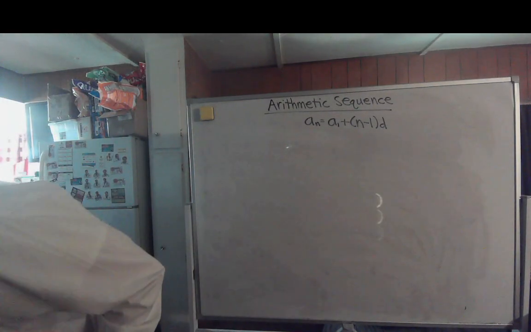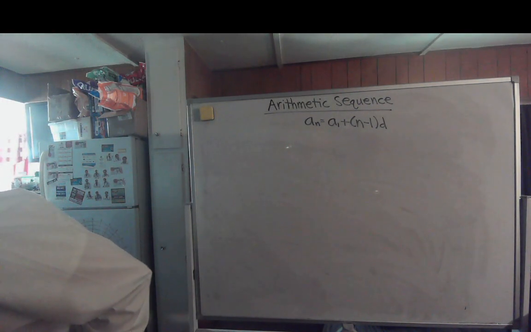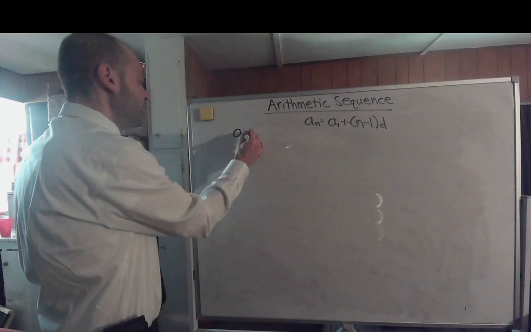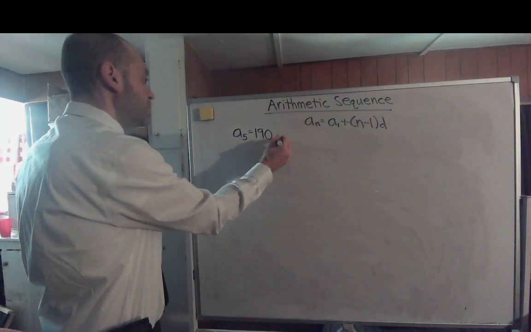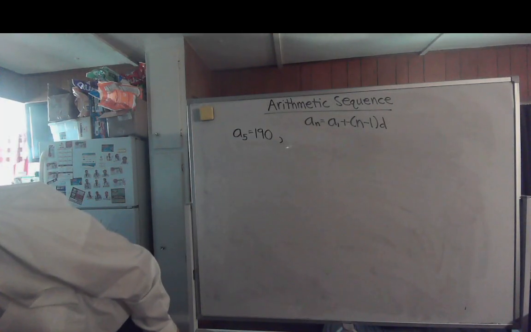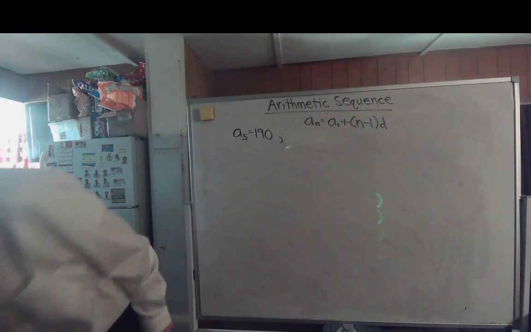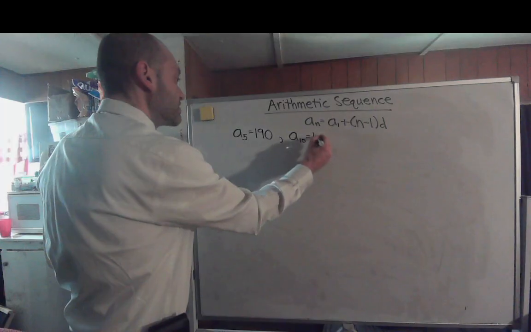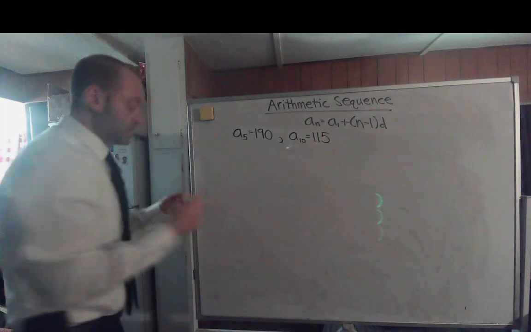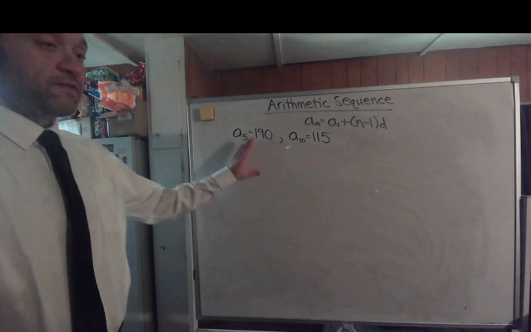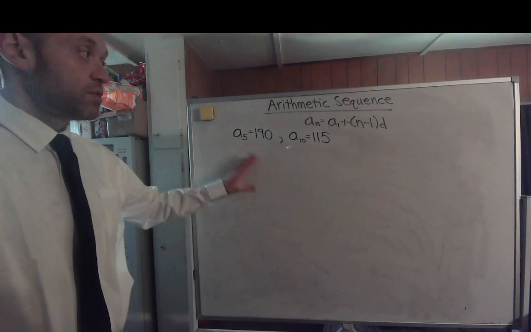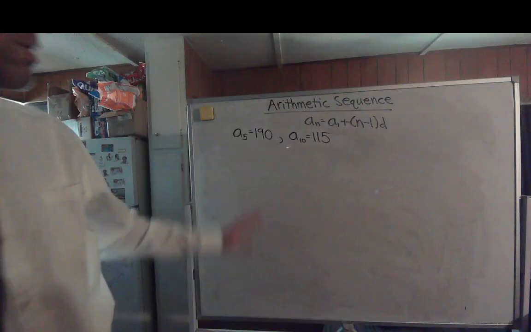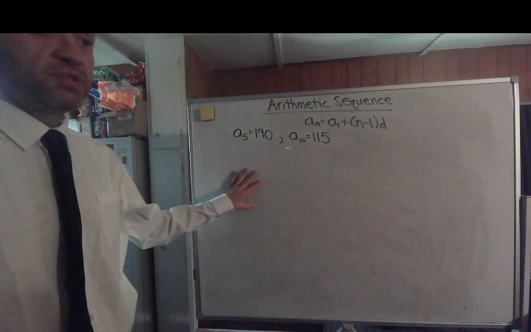Okay, so we're given a sub 5 equals 190, a sub 10 equals 115. So we're given the 5th term and the 10th term. We don't know the first term, we don't know the common difference. But we can find those by setting up systems of equations.